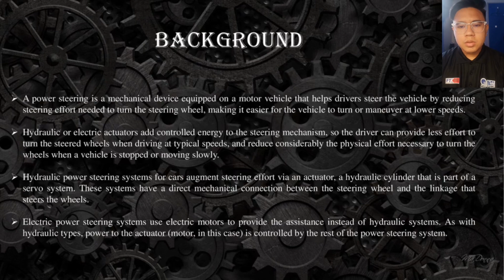Second, a hydraulic or electric actuator adds controlled energy to the steering mechanism. Third, a hydraulic power steering system for a car augments steering effort via an actuator. The hydraulic cylinder is part of the servo system. Fourth, electric power steering uses an electric motor to provide the assistance instead of a hydraulic system.